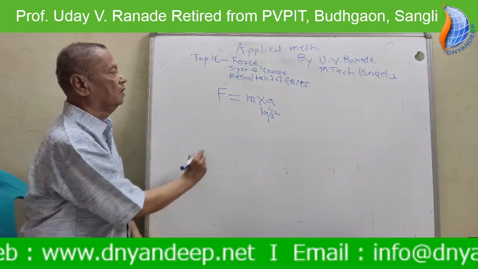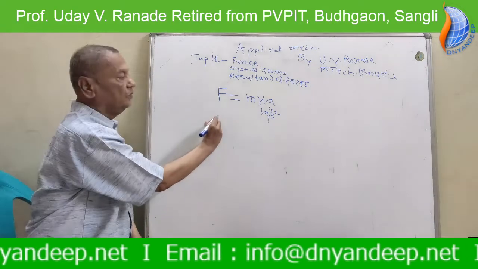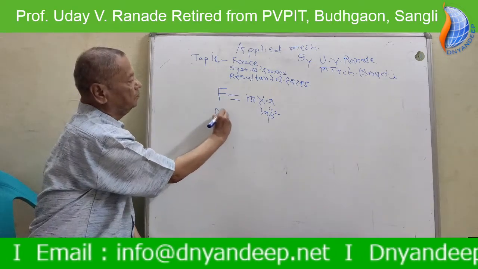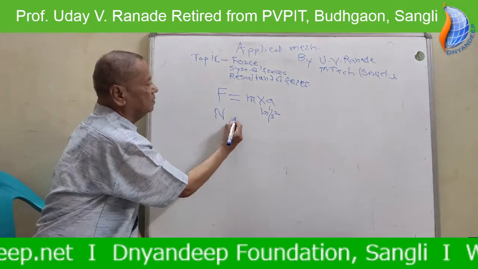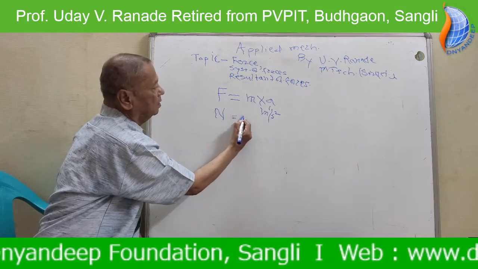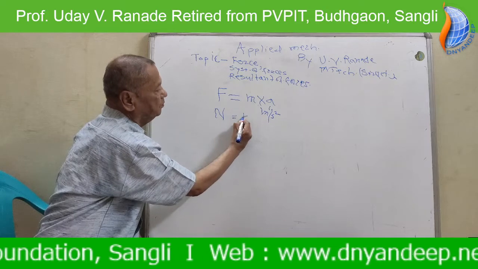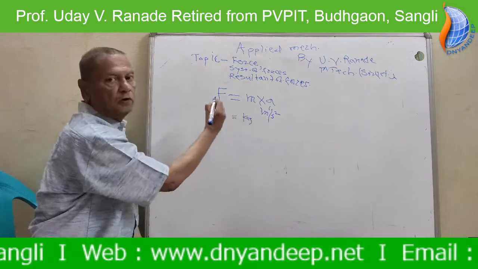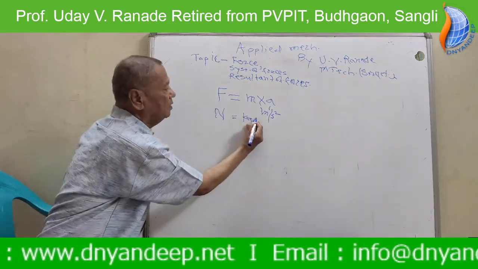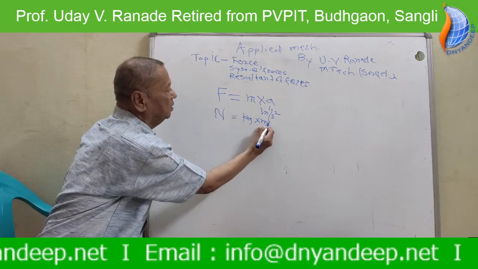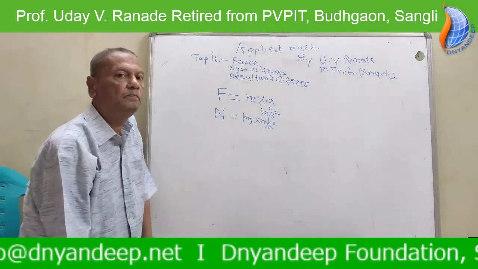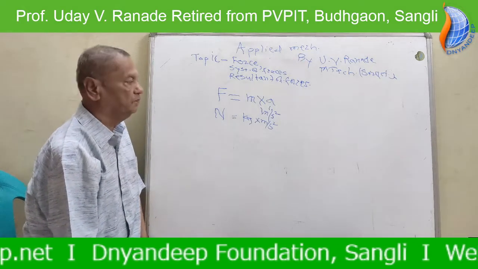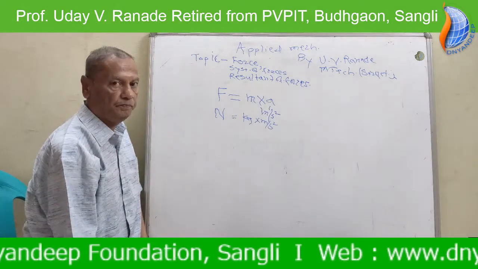So, unit of F is Newton, and on the right hand side it is kg, unit of mass, and into meter per second square. So when we want to give unit for force, its unit is Newton.